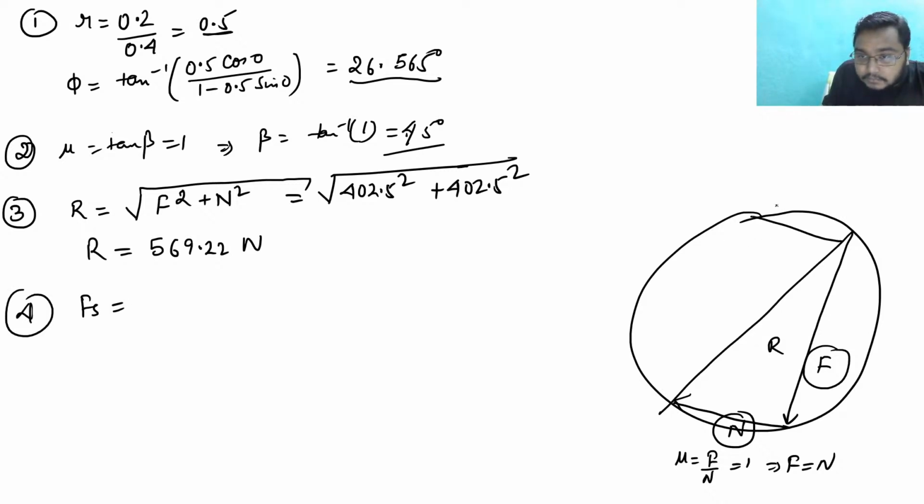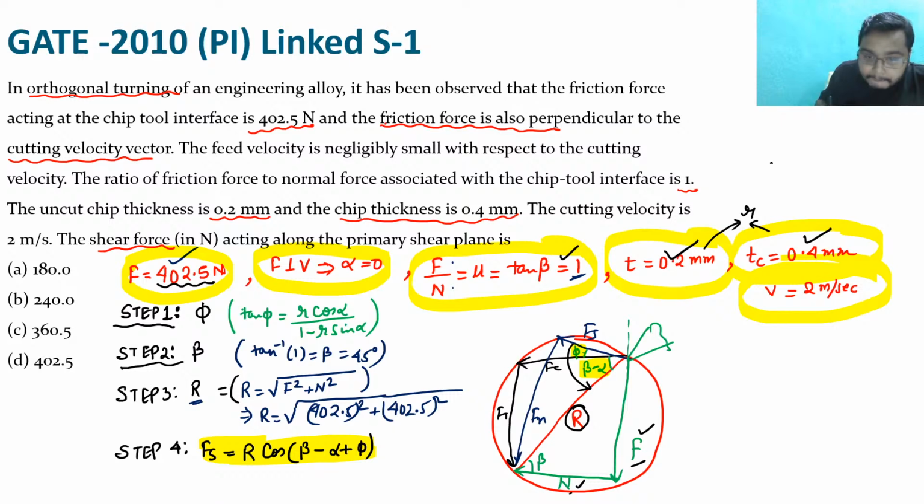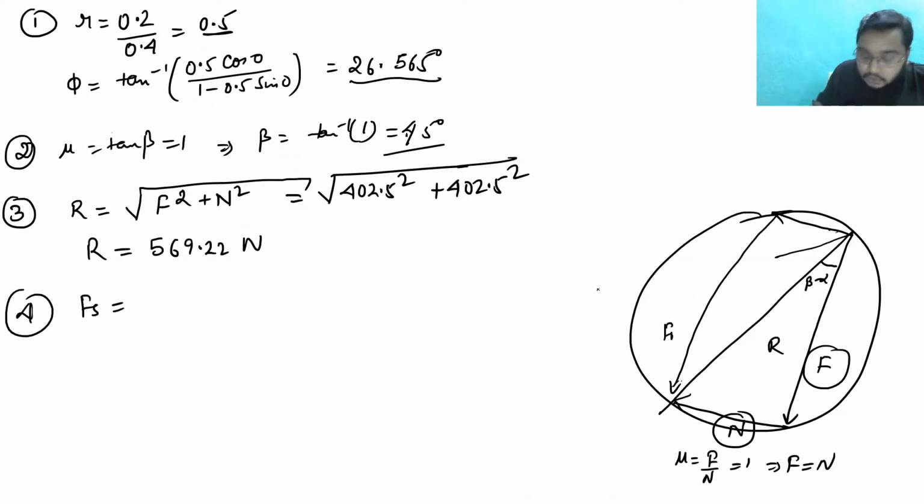And the fourth step that I have told you, that Fs is going to be, see, this is your Fs, this is your Fn, and this angle was beta minus alpha, and this phi angle was there.